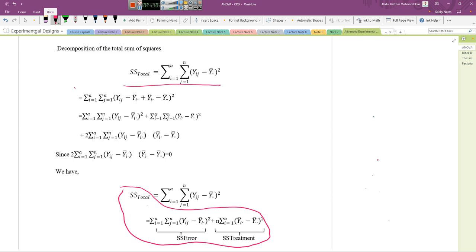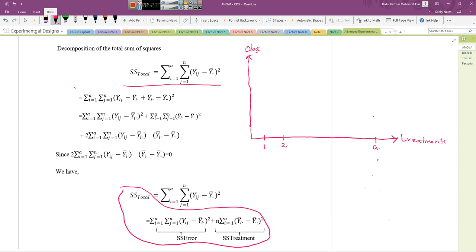For this data panel, I'm going to represent the data in a Cartesian coordinate. Let's say these are our treatments, and these are our observations. So we have a number of treatments, 1, 2 up to a.